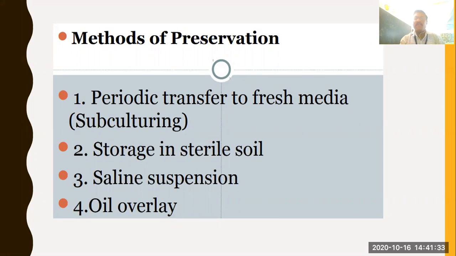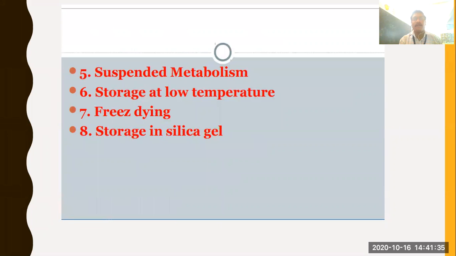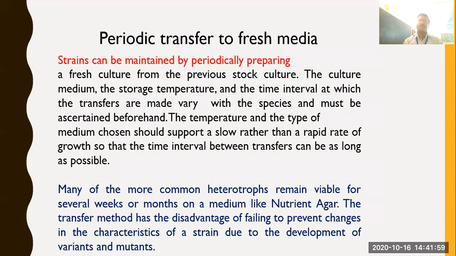That is known as the oil overlay method. Apart from that, suspended metabolism, where you stop the metabolism, storage at low temperature, freeze drying, and storage in silica gel. So these are the 8 different methods available for preservation.